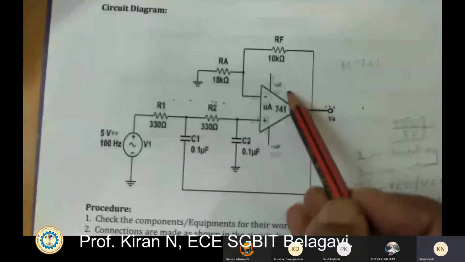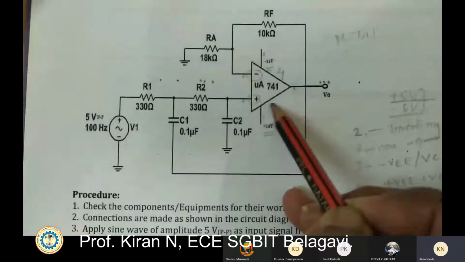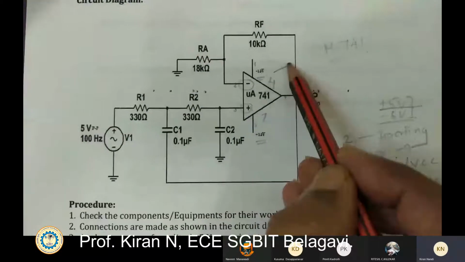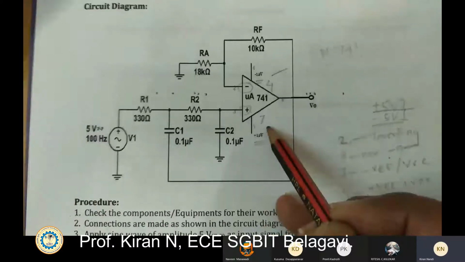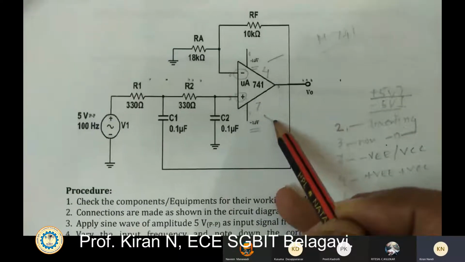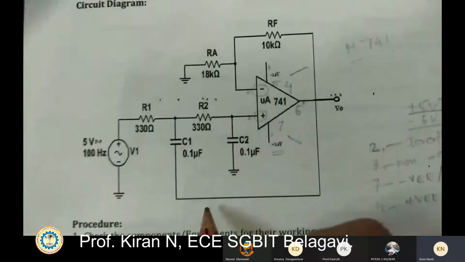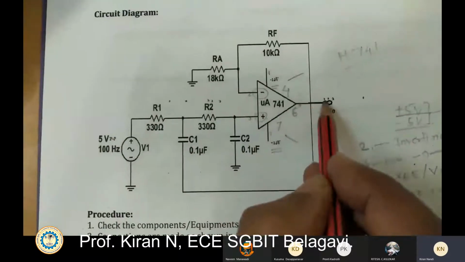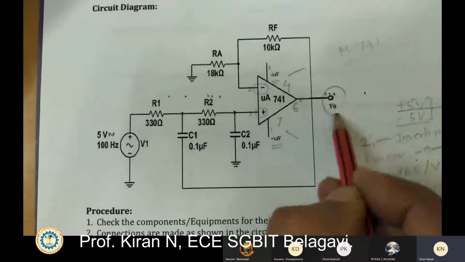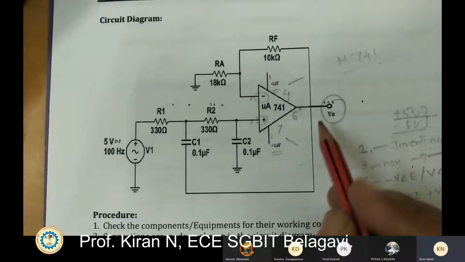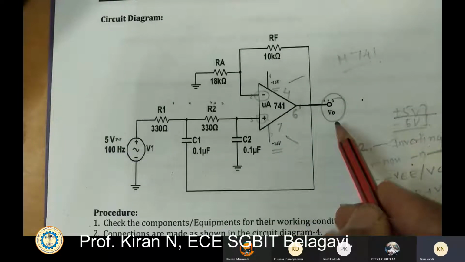Pin number 4 is given the negative voltage, and pin number 7 is given the positive voltage. Pin number 6 is the terminal where we are fetching the output voltage.